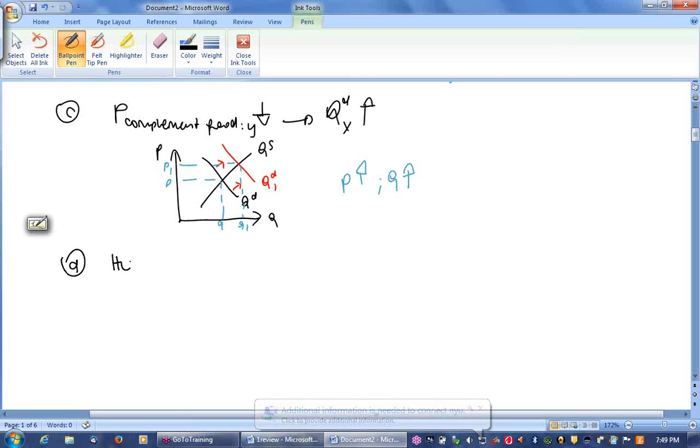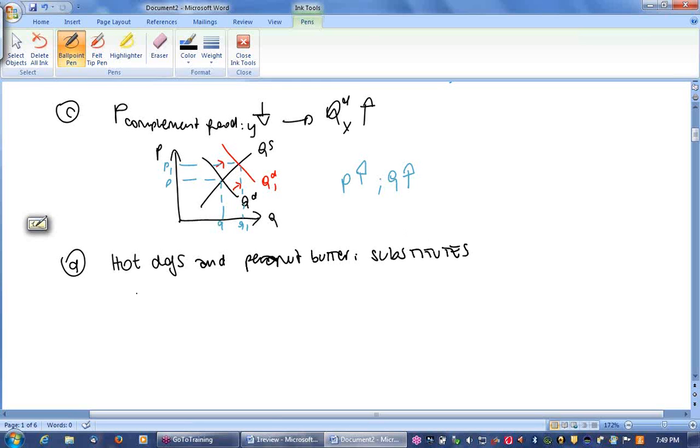And we know that if the price of hot dogs goes down, then the demand for peanut butter goes down, because they are substitutes.